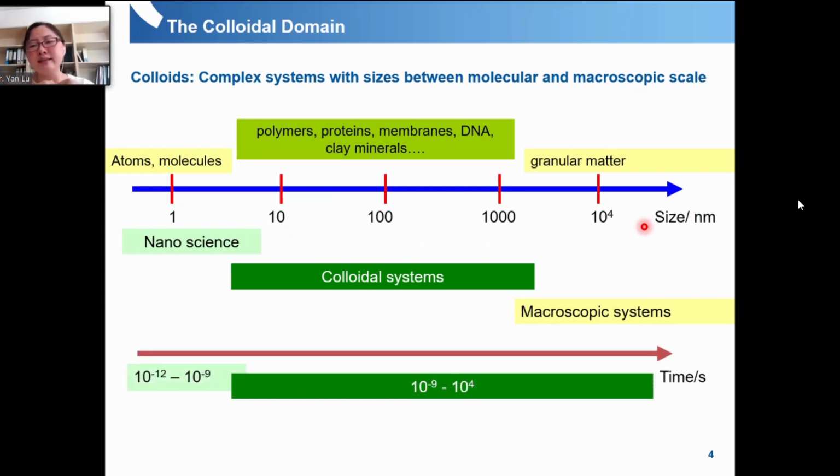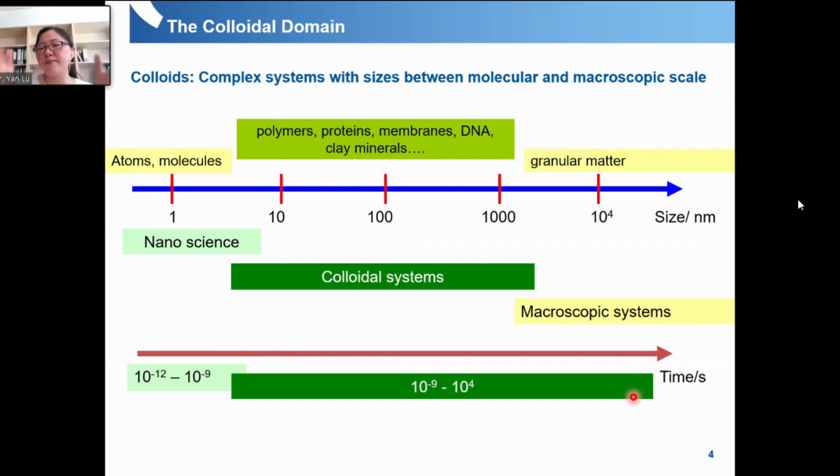And on the other side, if we think about the time region, this is important for some spectroscopy measurements, because in that case you need to know the time region of such a system. So for colloidal particles, you see they have time regions around 10 to the minus 9 seconds to minutes.